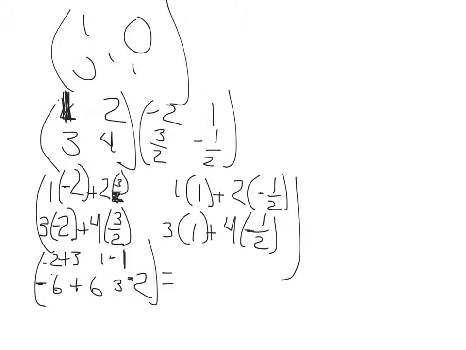And then I dance with joy because I have 1, 0, 0, 1. Okay? And that's as it should be. So I know I got the right answer.